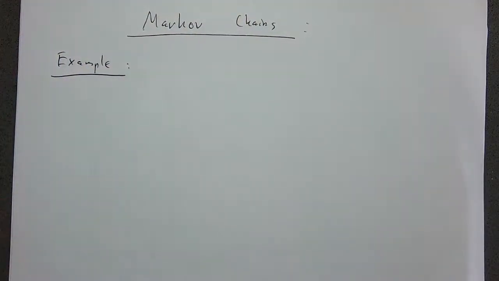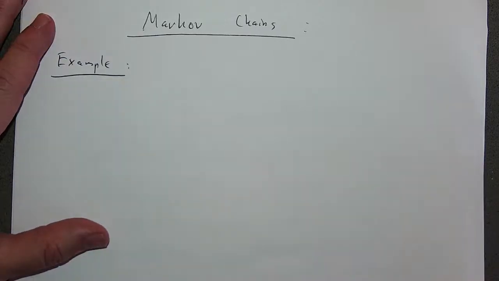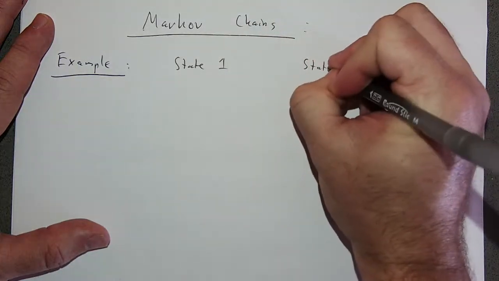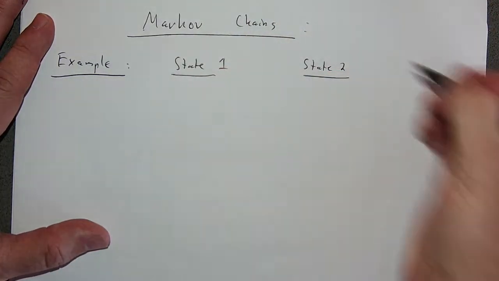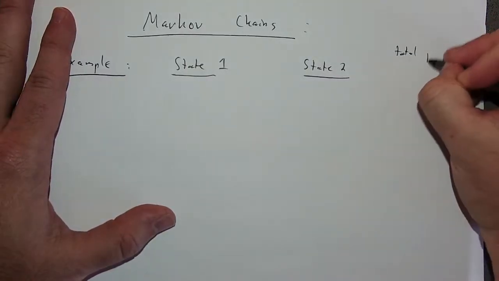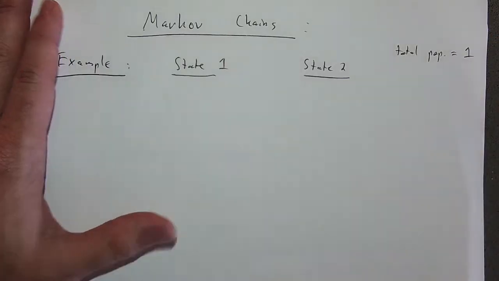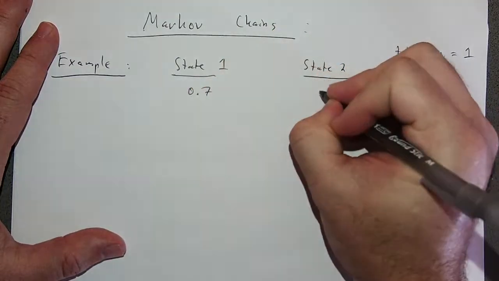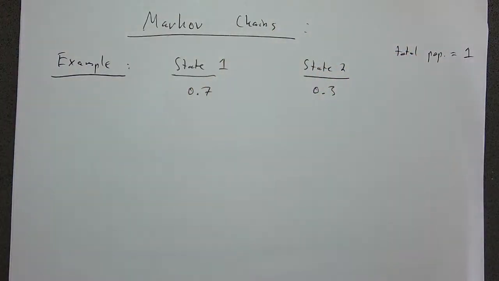So the example here is that I have two states. We'll call them state 1 and state 2. The total population is 1, and the population is distributed as follows. 0.7 of the population is in state 1, and 0.3 of the population is in state 2. So 70% of the population is in state 1, 30% of the population is in state 2. Okay.